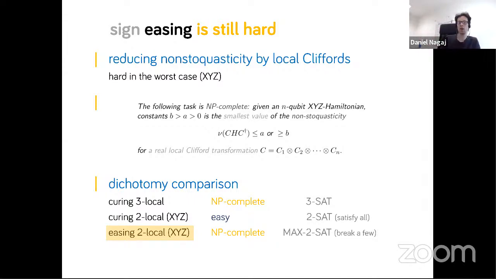In our case, we are asking, if you have a 2-local XYZ type Hamiltonian that has a sign problem, can I improve the sign problem below some value? If you could solve this, you would be solving Max-2-SAT, which means solving NP-complete problems. So sign easing is hard for 2-local Hamiltonians in the worst case.